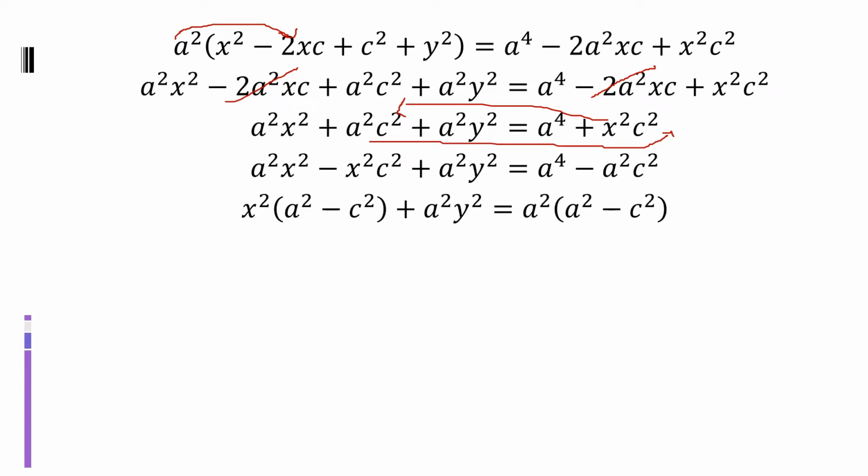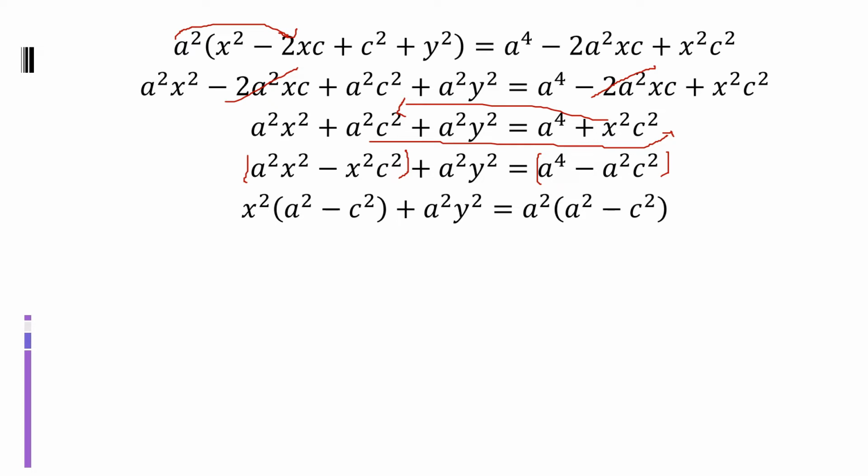Or we have, by grouping this, tapos ilalabas natin yung x squared, we have x squared times (a squared minus c squared) plus a squared y squared equals, eto naman, ilalabas din natin yung a squared, so we have a squared times (a squared minus c squared).